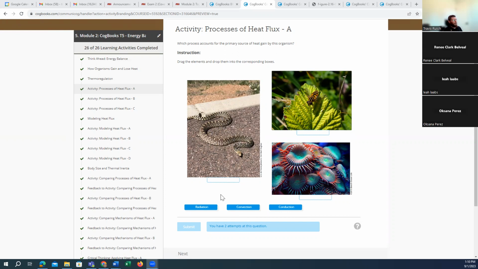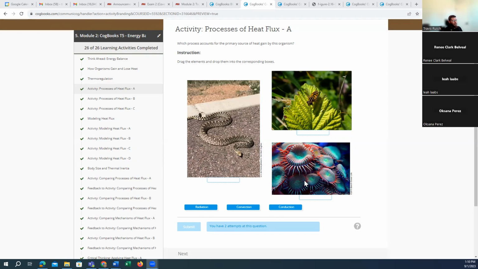We don't really see any evidence in the picture of it being windy, and there's no evidence that it's in water. So I would argue convection would be the weakest argument for this one. And we could say it's either radiation or conduction, and honestly it could probably go either way in this picture. So maybe we hold that thought and move to the next picture.